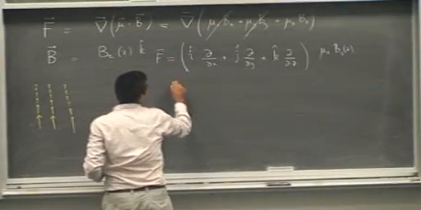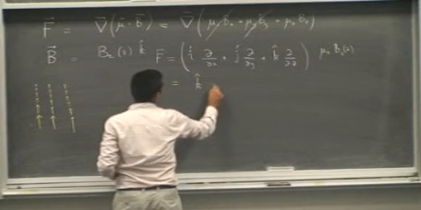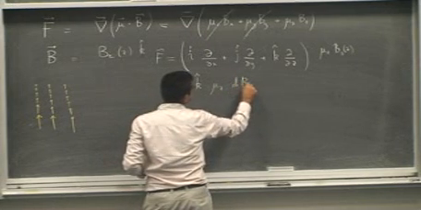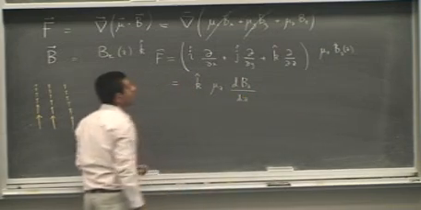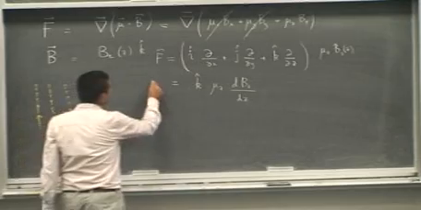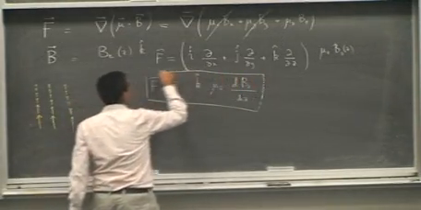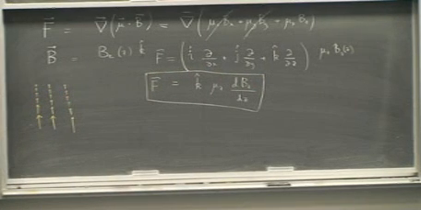The force turns out to be pointing in the k direction. Mu z is just a constant. I can write dBz over dz. So this is the force that is acting on the dipole. Okay?